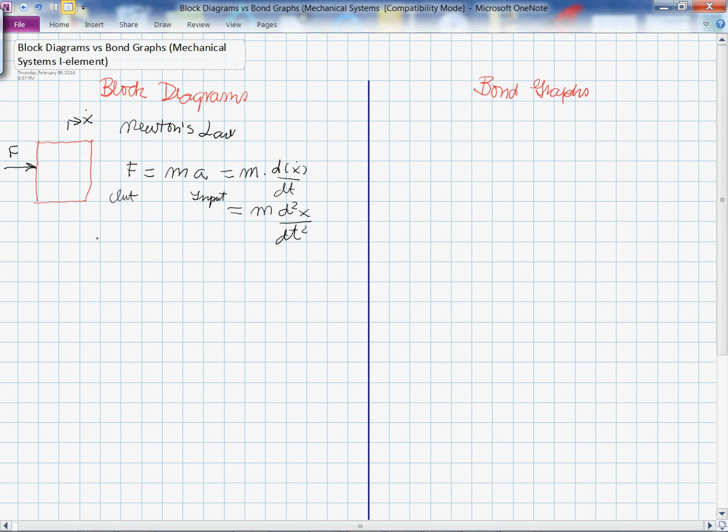You could also call this side the action and this side the reaction, or you could call it the cause and this the effect.